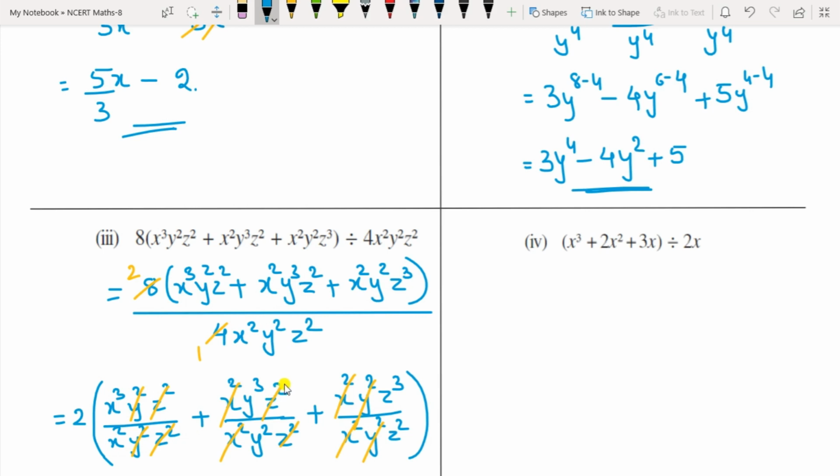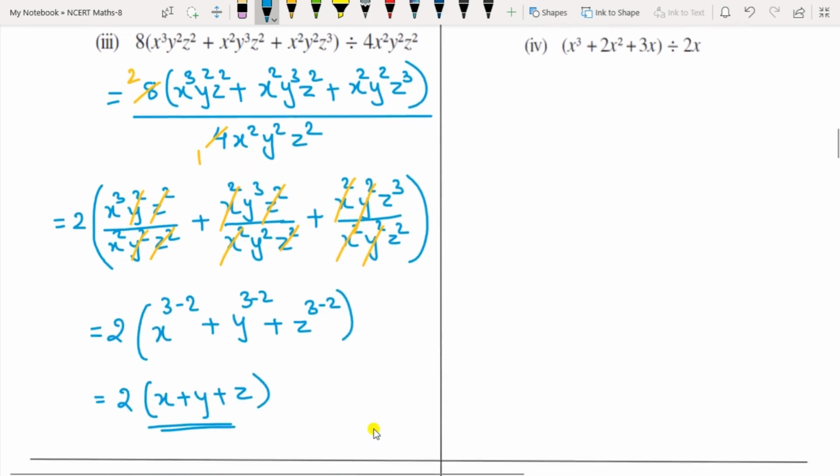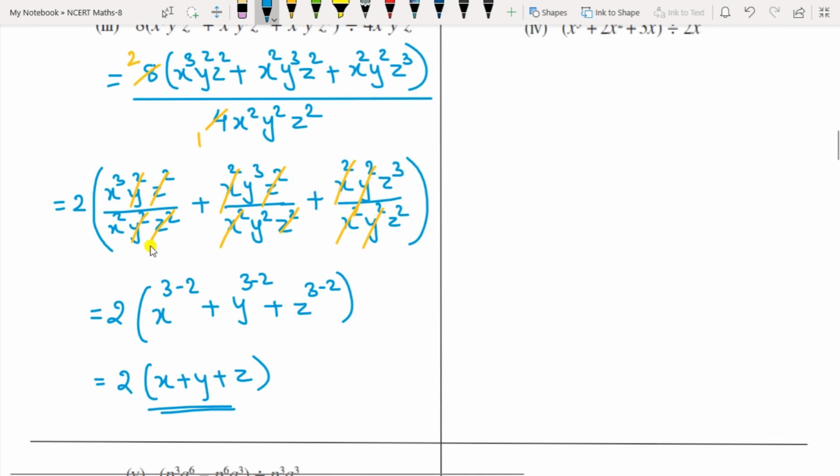Here x square and z square are getting cancelled. Okay. And whatever is remaining, subtract its power. Here x is remaining, so its power is 3 minus 2. Here y is remaining, its power is 3 minus 2. Here z is remaining, its power is also 3 minus 2. So 3 minus 2 is 1. So 2 bracket x plus y plus z. This is the answer.